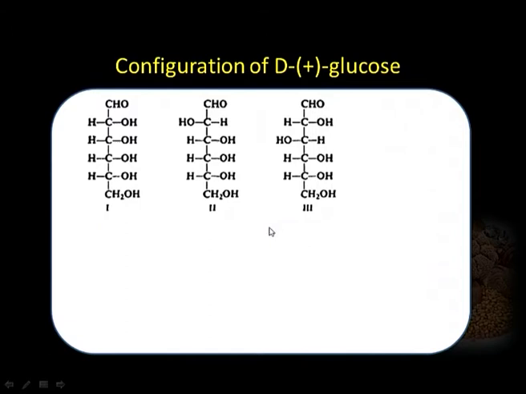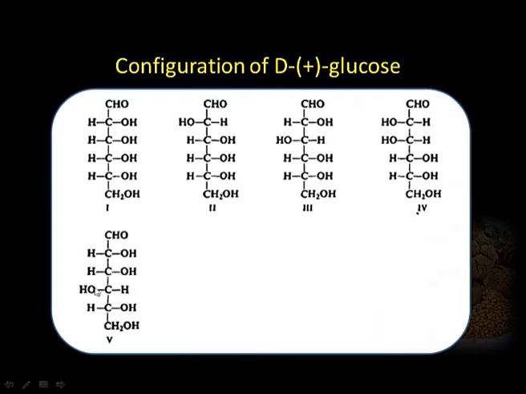Then the third configuration he wrote has the hydroxyl group on carbon number 3 on the left side, then the fourth has the hydroxyls on carbon numbers 2 and 3 on the left side. These are again a pair of epimers.